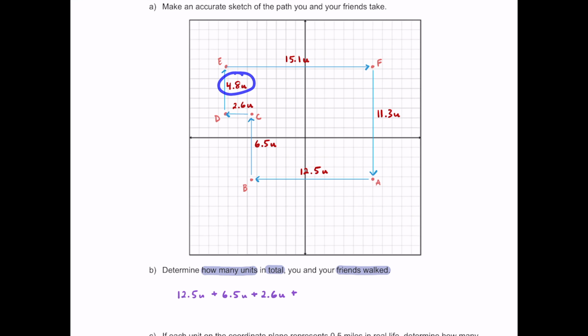And then we have 4.8, so let's go ahead and add 4.8 units. So adding 4.8, and then we're going to add 15.1. So let's go ahead and write plus 15.1 units. And then it looks like we have one more part, which is going to be this 11.3. So 11.3 units. And if we add these all up, this should be a total of 52.8 units all the way for this entire trip.